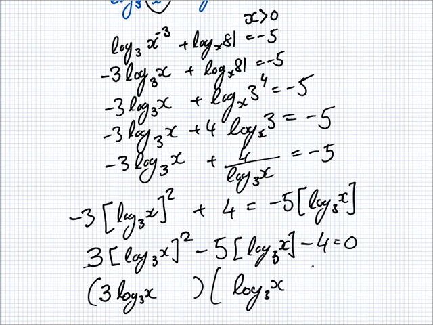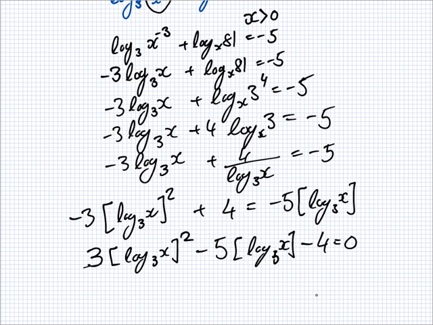Now, 4 and 1, 2 and 2, 6, no, 4. Do you need the rule? No, I don't know. 4 and 1? You need the rule? No factors? No factors, yeah. Okay.